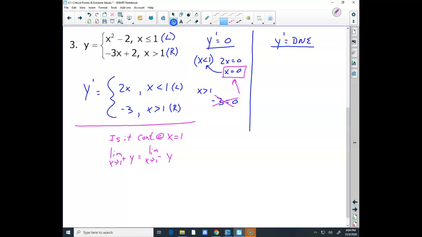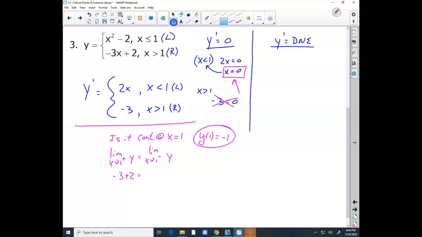Well, are my limits the same? I can see when I plug 1 in, y of 1 equals -1, right? Well, what's my limit? As I'm coming in from the right side, my limit is going to be -3 plus 2, and this is checking to see if it's coming together.